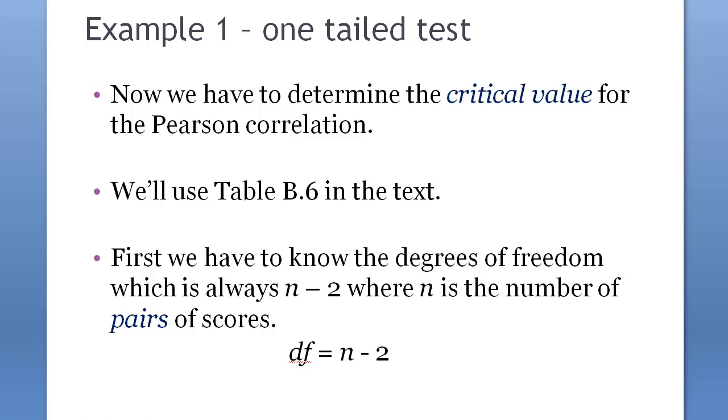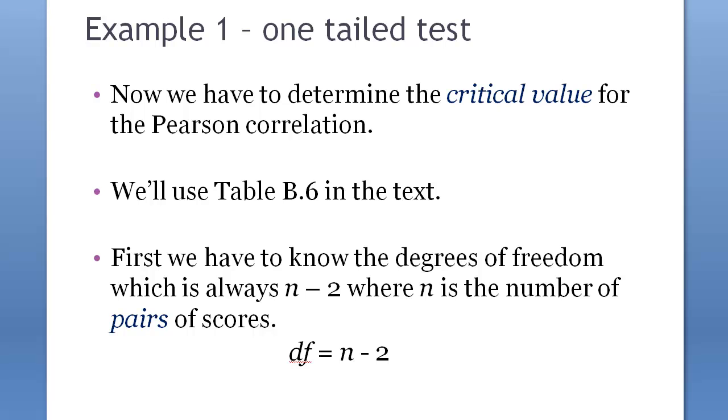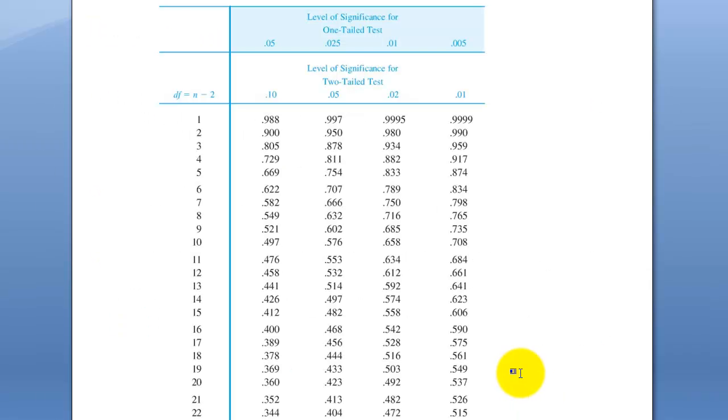There's a table. Just a sec. So the table is this. This is a table you can use for the hypothesis test. You have to know the degrees of freedom, whether it's one-tailed or two-tailed, and also decide what alpha level you're using. In this case we are doing a one-tailed test, and the alpha level is 0.05.